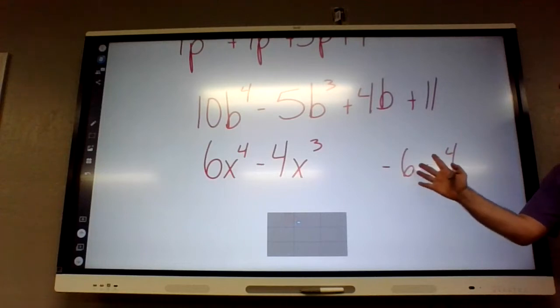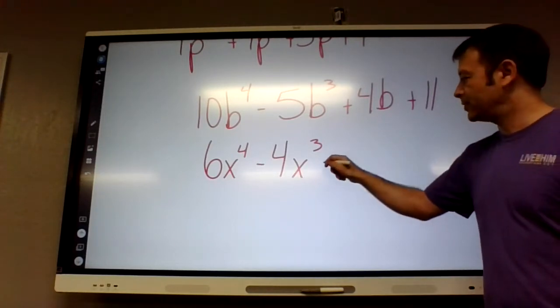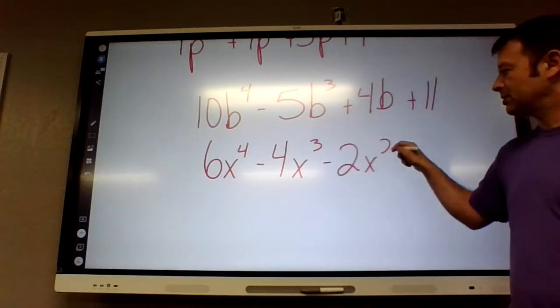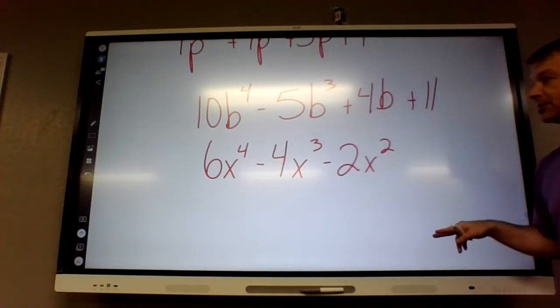If you get confused on your negatives, you can plug that in the calculator. It'll spit out negative 2. But don't forget to write negative 2x squared. I keep flipping back and forth between negative and minus because they're kind of the same thing. That's why they look alike.